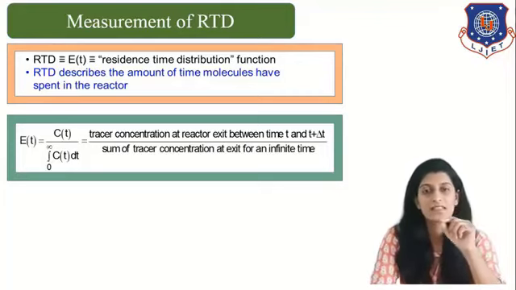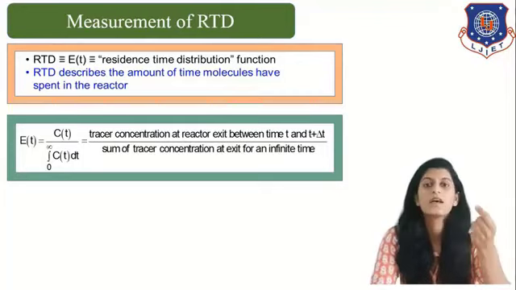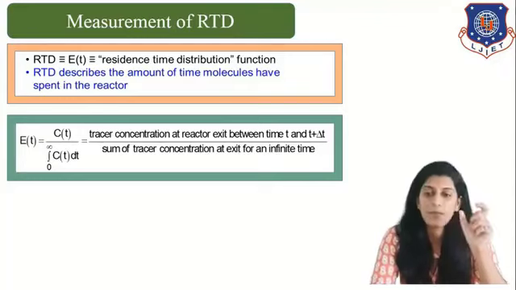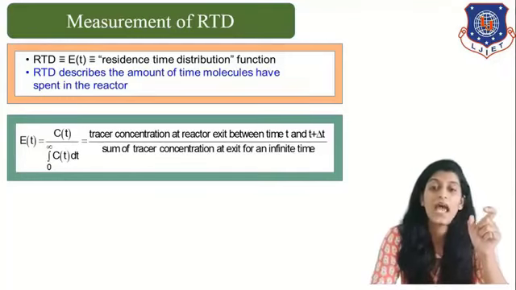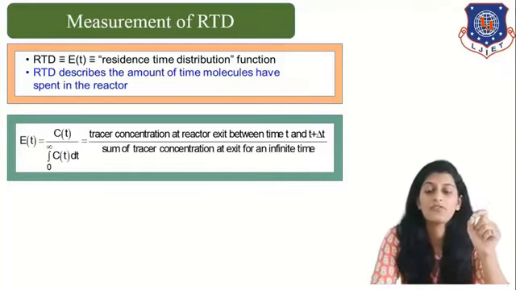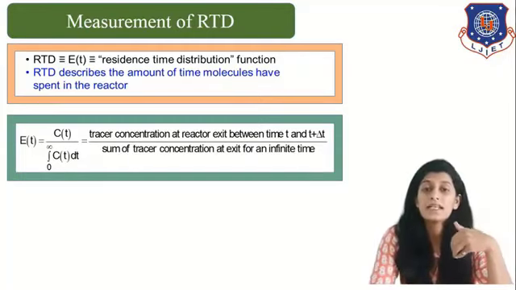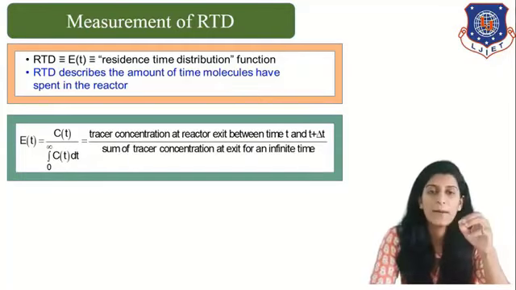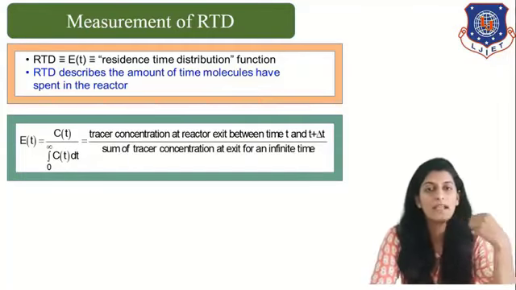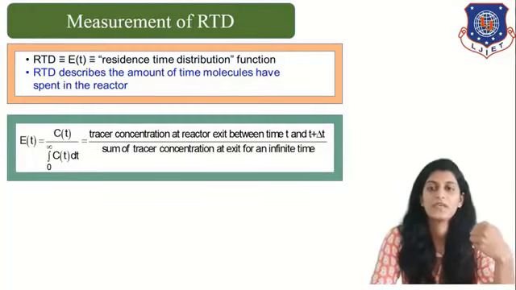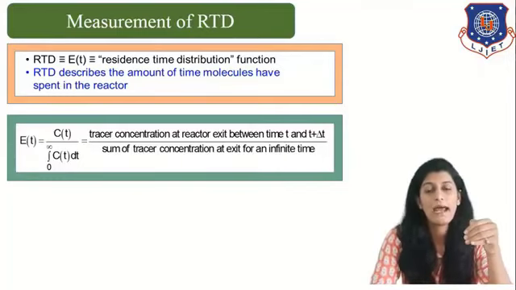So that is C(t), divided by the sum of tracer concentration at exit for infinite time, that is, the total amount of tracer coming out of the system. Once we do that, we get the exit age distribution, or RTD.